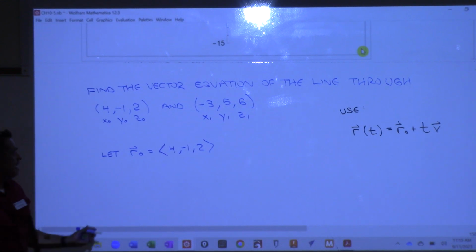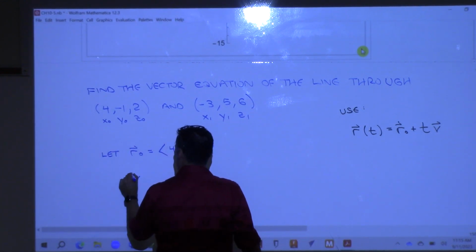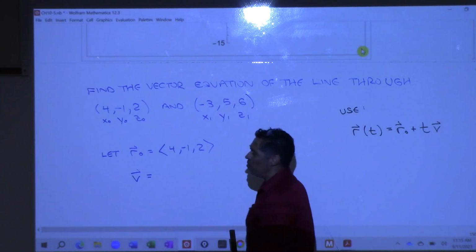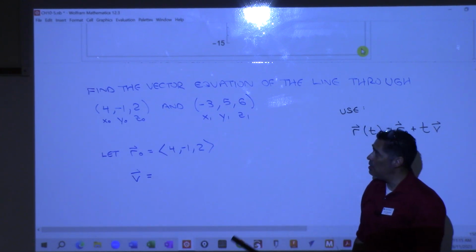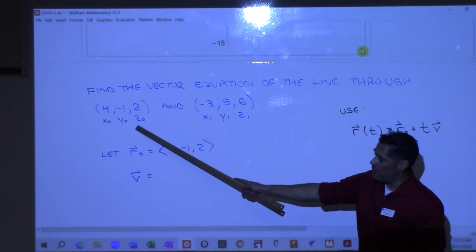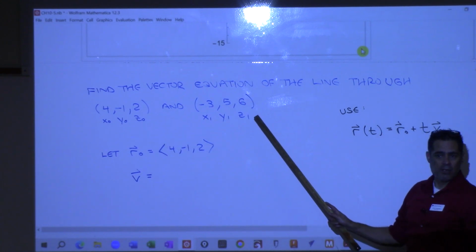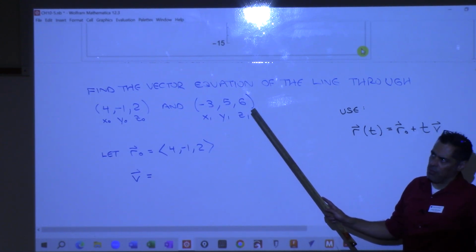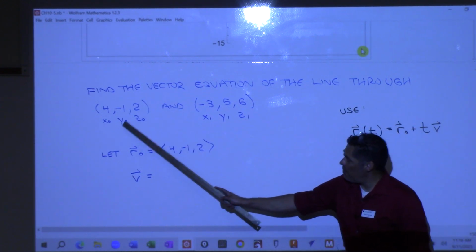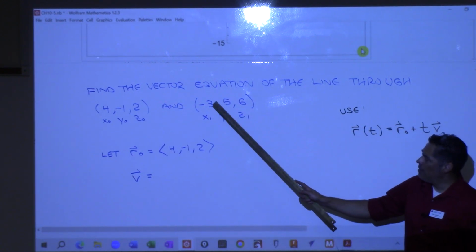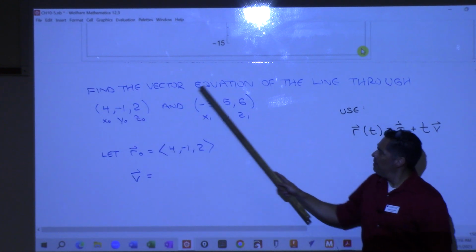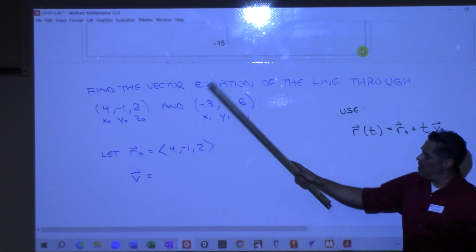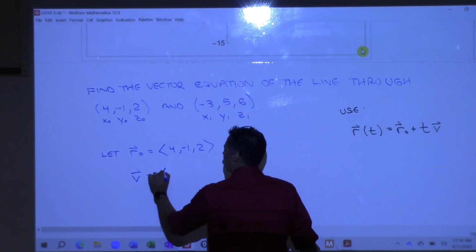So we need the v now. So the v is the vector that is going to go from here to here. All right? And we learned how to do that last class, right? Or 2 classes ago, right? The vector from here to here you get by doing this minus that, this minus that, this minus that. So what would that direction vector be for us?